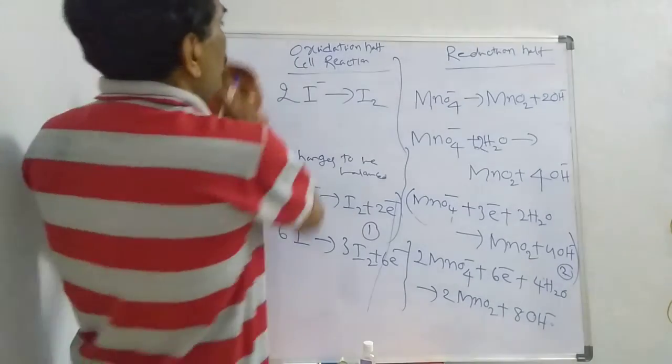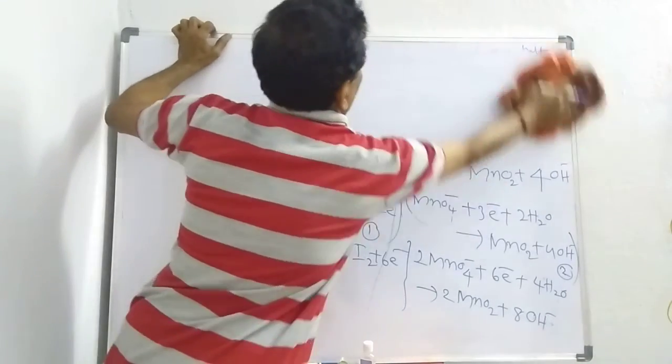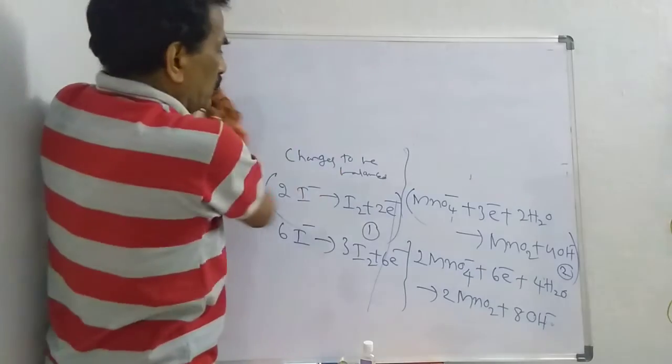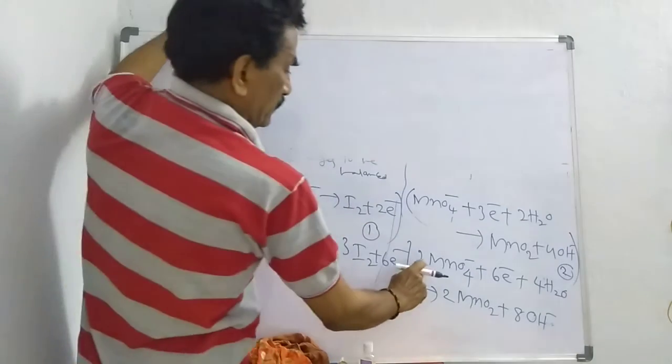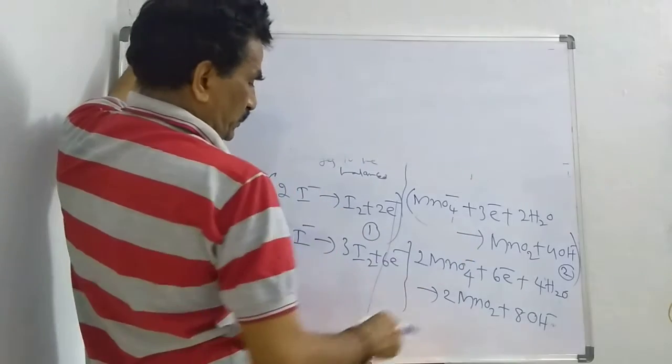Okay. You simply add this equation, total equation. Now I am going to write. I am going to complete this equation.